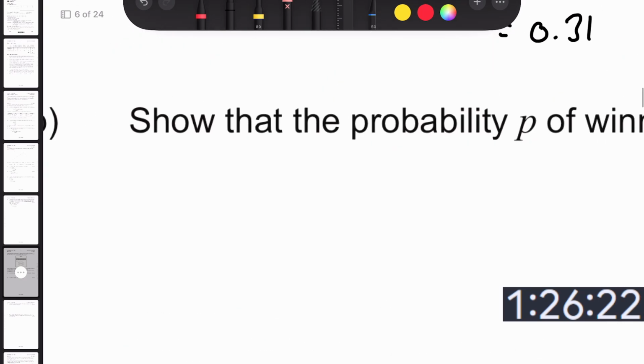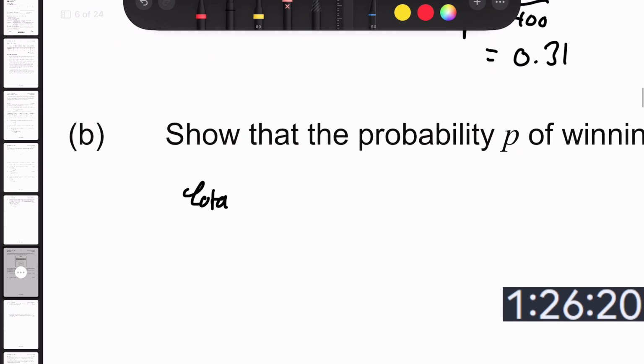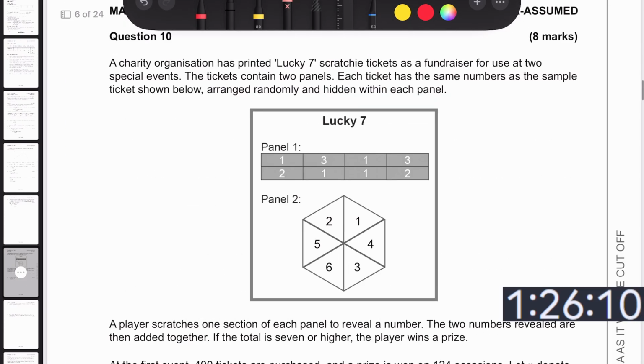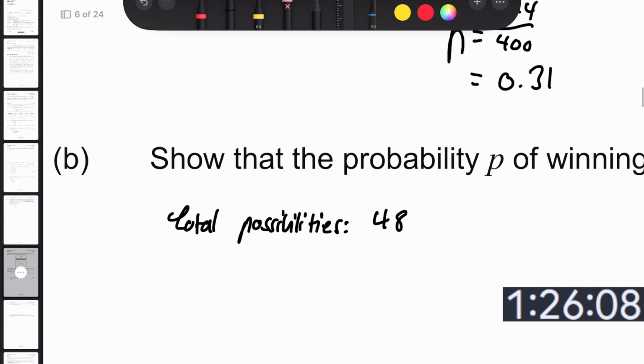So total possibilities is 48, and winning possibilities is probably going to be 14.